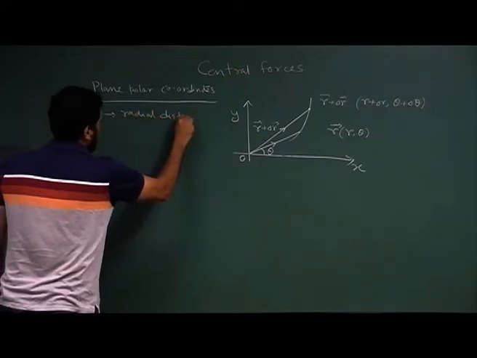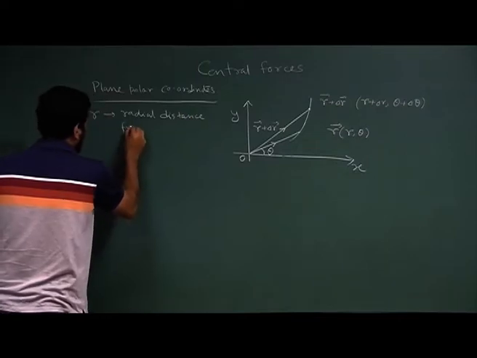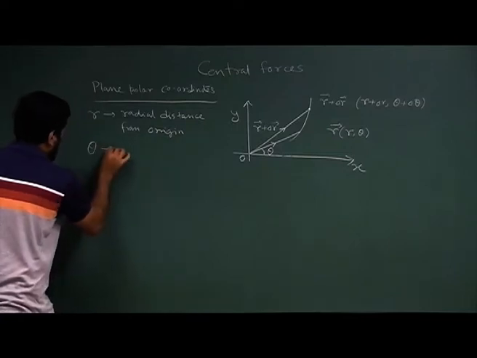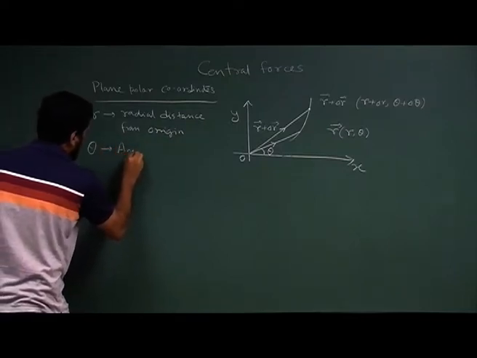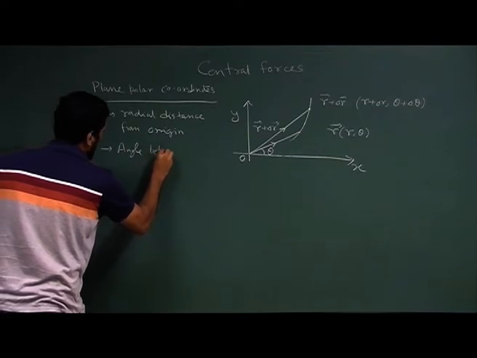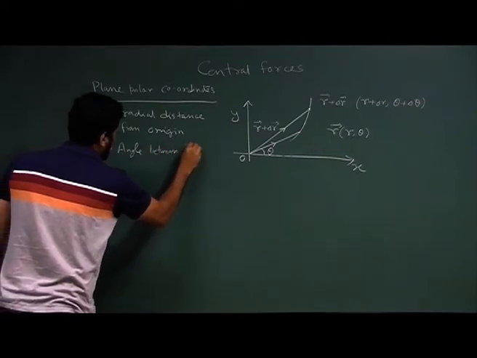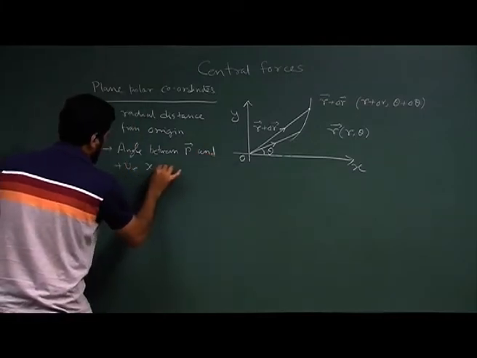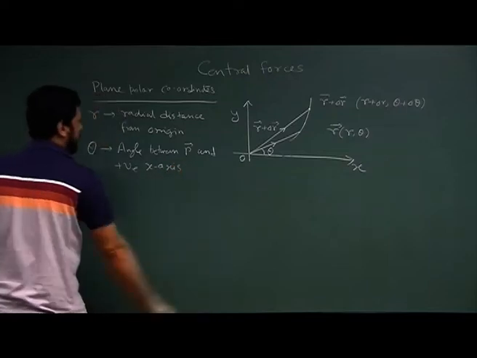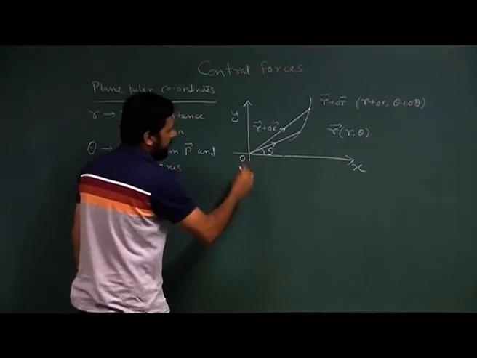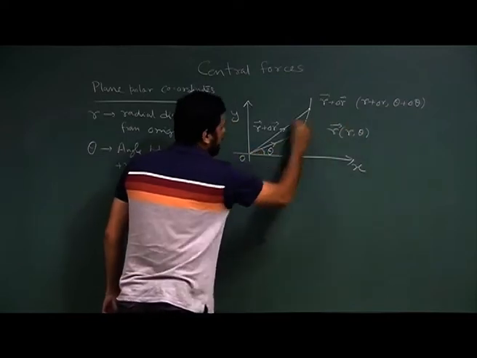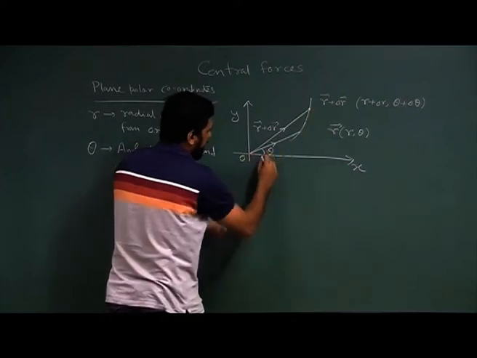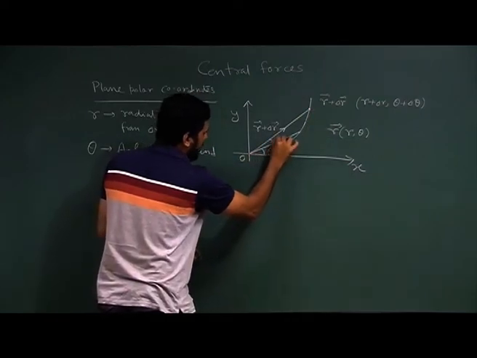So, we have r, which is the radial distance from the origin, and we have theta, which is the angle between the vector r and the positive x axis. r plus delta r will be this length, r is simply this length, theta is this angle, and this angle has to be delta theta.